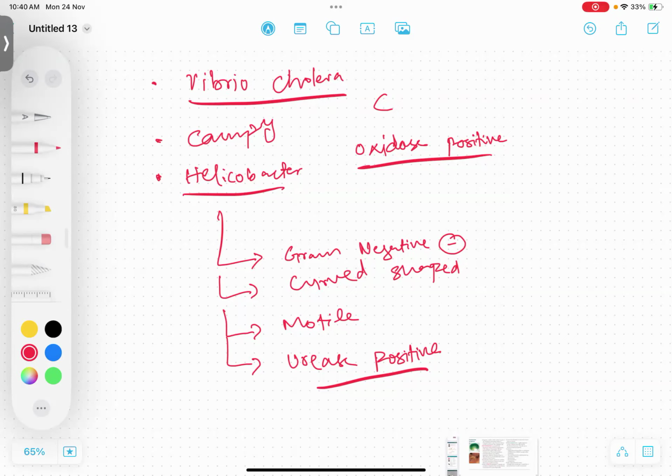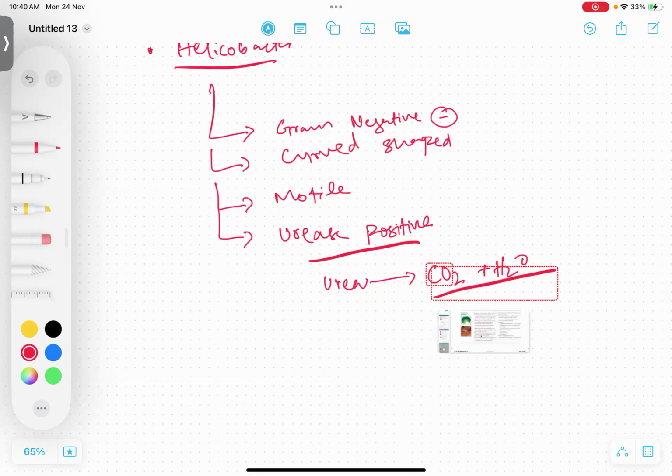It converts urea to CO2 plus H2O. So we do an important test called the urea breath test.